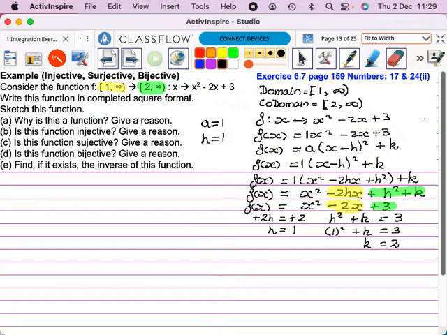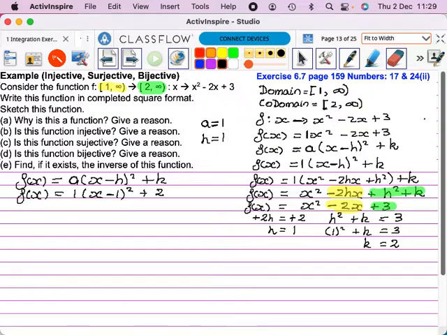Then what we're going to do now is go back to the completing the square format, which is f of x is equal to a on x minus h all squared plus k. So we've now got f of x is equal to 1 on x minus 1 all squared plus 2.